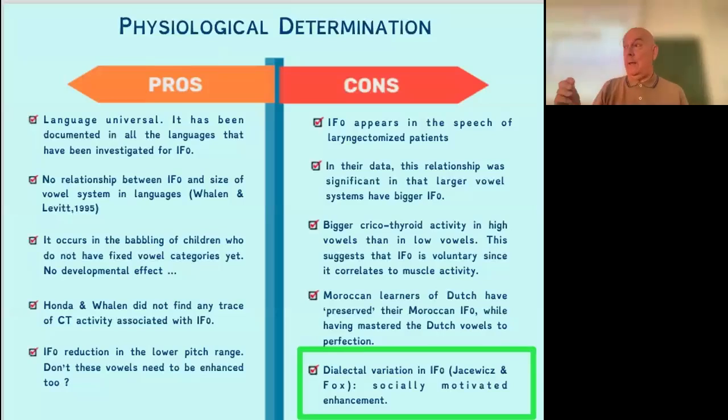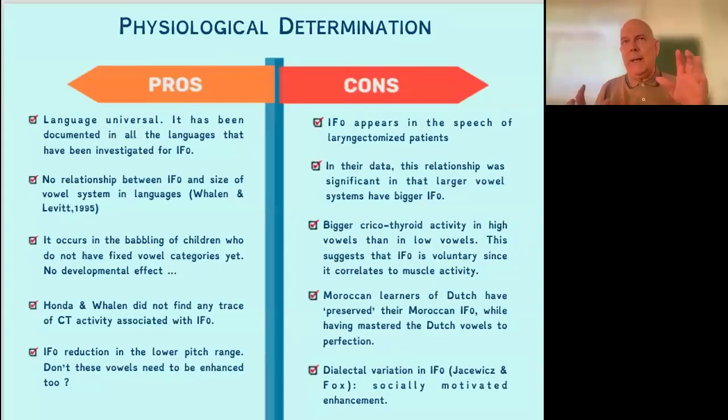The learner group had mastered the Dutch vowels perfectly well, so you couldn't argue that IF0 differences were caused by differences in pronunciation of the vowels. They had really mastered the vowels quite well at an articulatory level, but still had their native Moroccan IF0. So that also seems to suggest that there may be some perceptual aspect here.